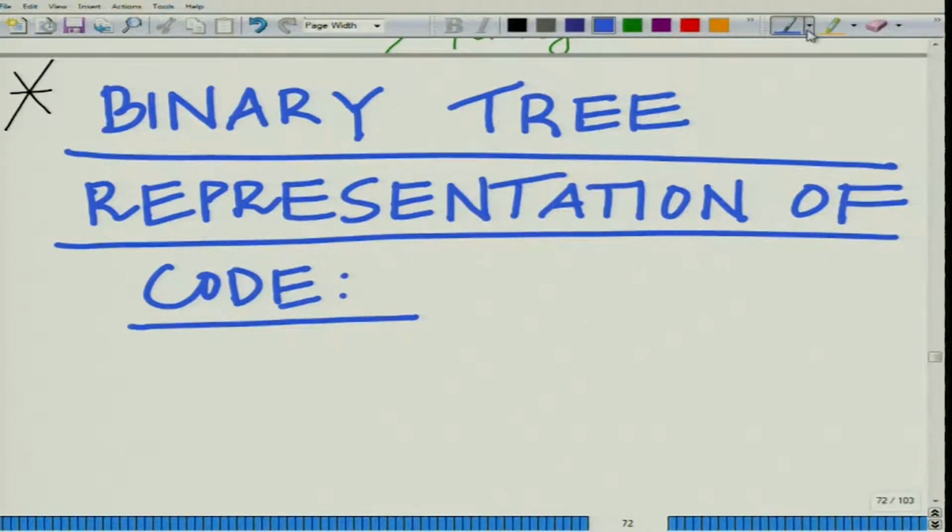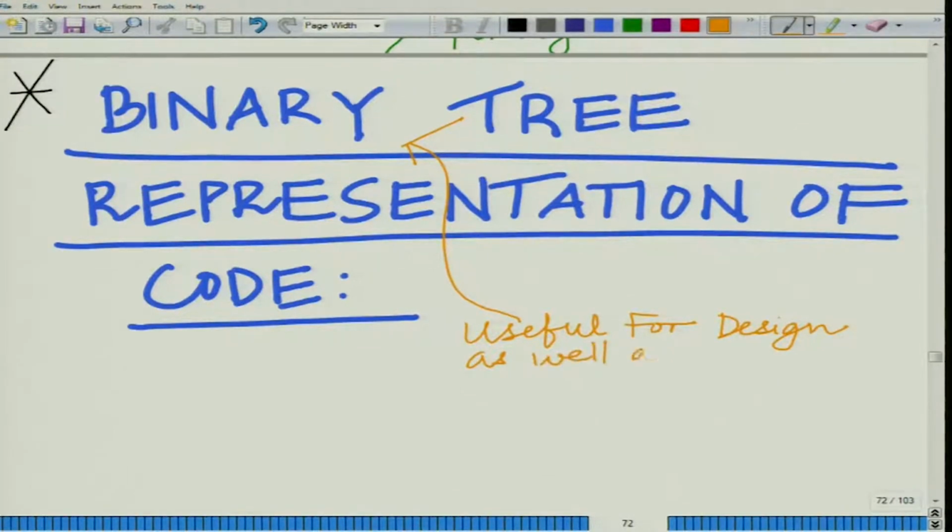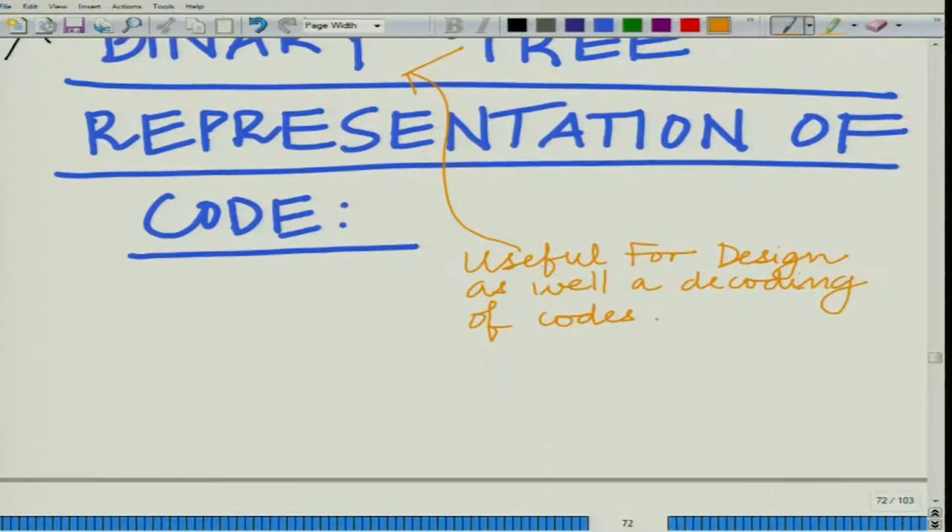As I have told you, it is useful for the design as well as decoding of the codes.